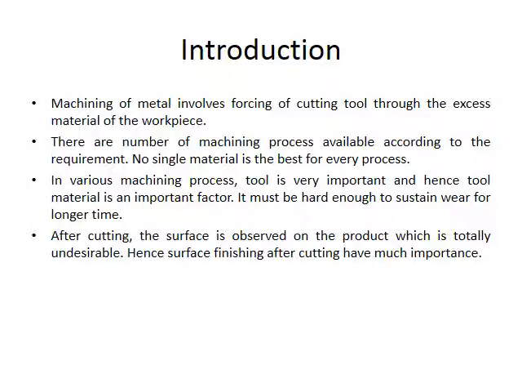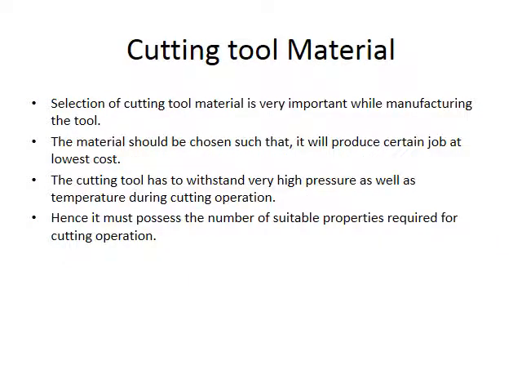It is very important: cutting tool material and the types of cutting tool materials. Selection of the cutting tool material is very important while manufacturing the tool. The material should be chosen such that it will produce a certain job at the lowest cost.